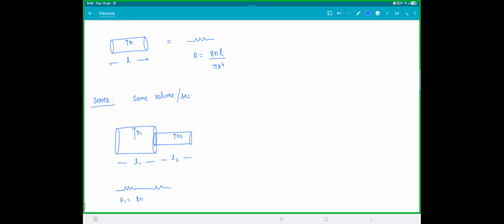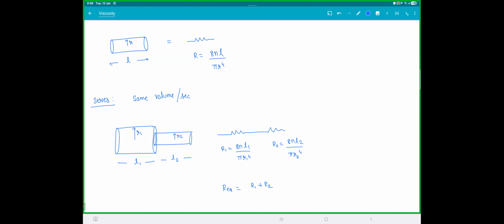R1 will be 8 eta L1 by pi R1 power 4, and R2 will be 8 eta L2 by pi R2 power 4. And then you can say R equivalent is equal to R1 plus R2.